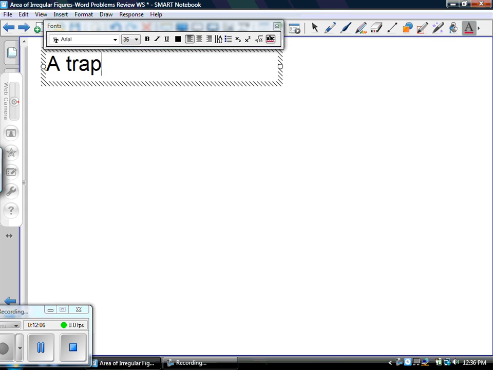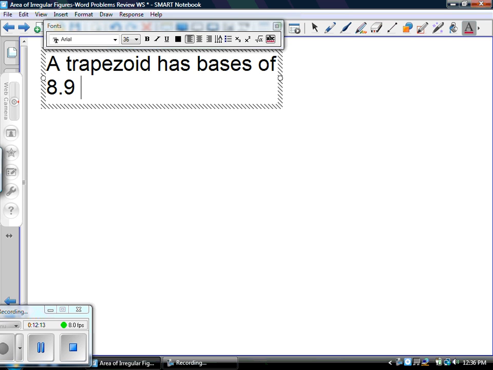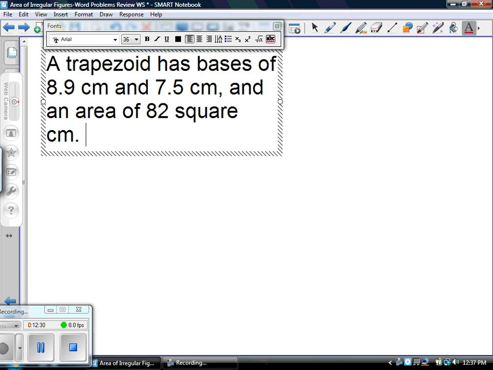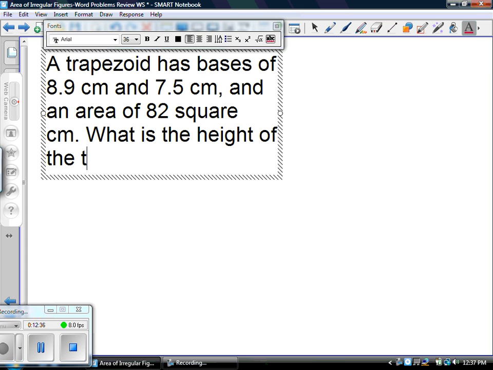A trapezoid has bases of 8.9 centimeters and 7.5 centimeters, and an area of 82 square centimeters. Our goal is to find what is the height of the trapezoid.